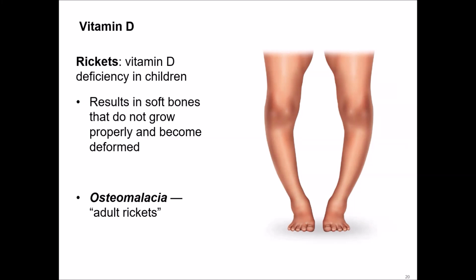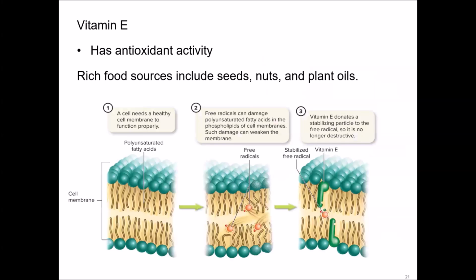If you don't have enough vitamin D, then you're not holding on to enough calcium, and that results in softer bones. In adults, that could lead to osteomalacia, which is just an adult form of rickets and having softer bones. This is different than osteoporosis. Porosis means that you've got more of a porous structure in the bone matrix, but this is more just a weaker, softer type of bone matrix.